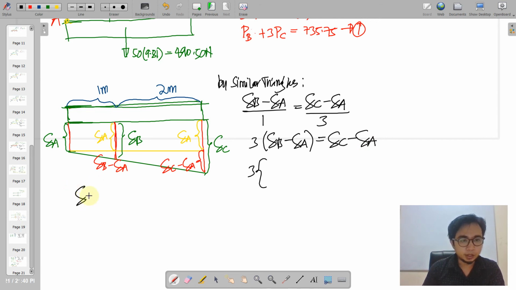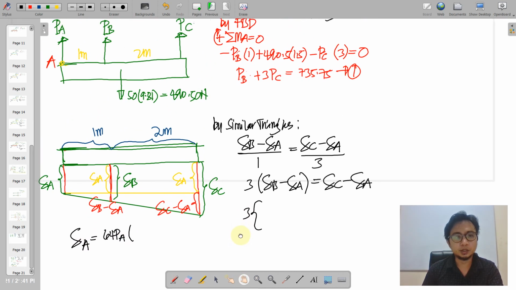So delta A, for example, is 64 PA times R cubed. What is the mean radius of A?